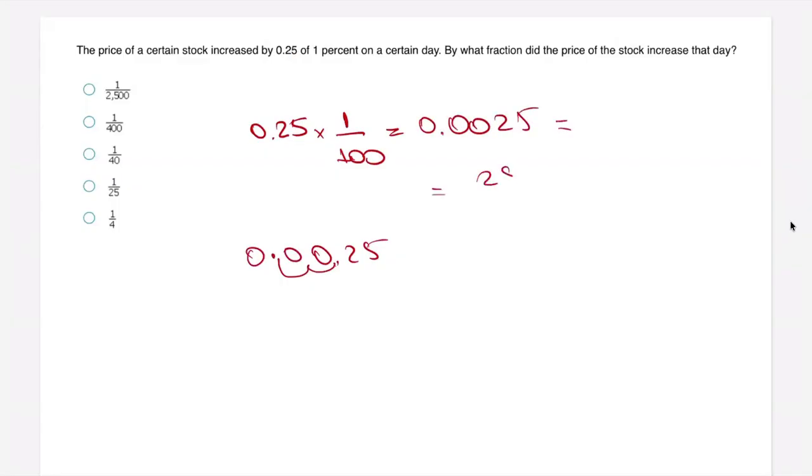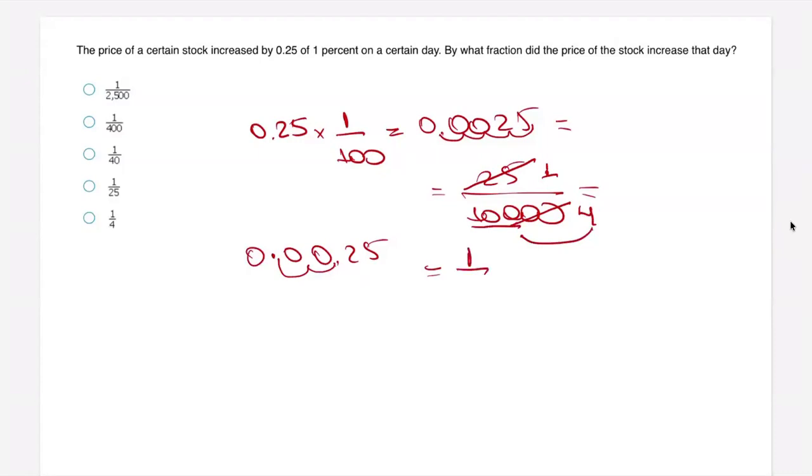That is 25 over 10,000. 25 and 100, it will be 1 over 4 times 100, which is 1 over 400. Is that okay?